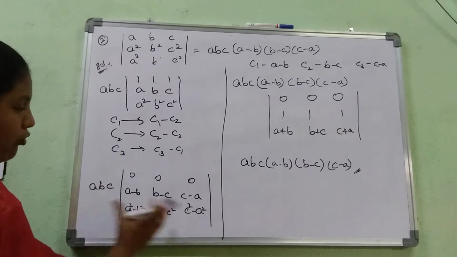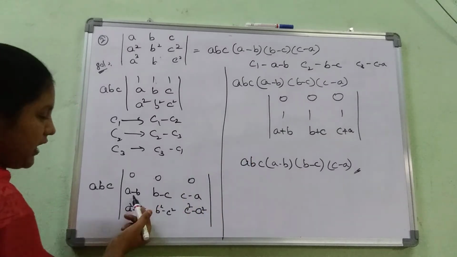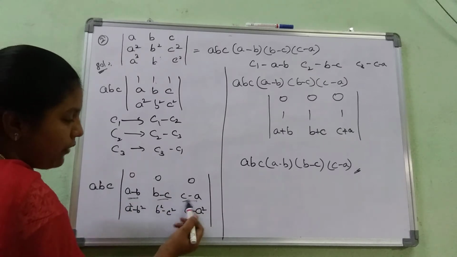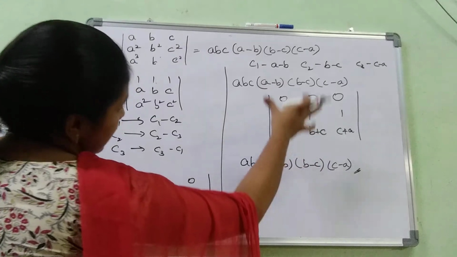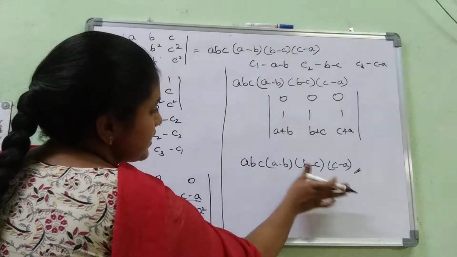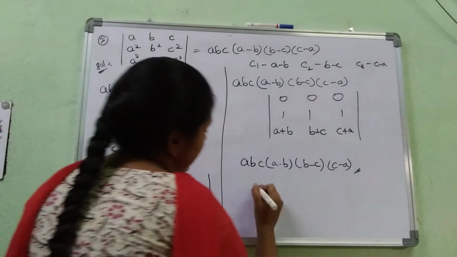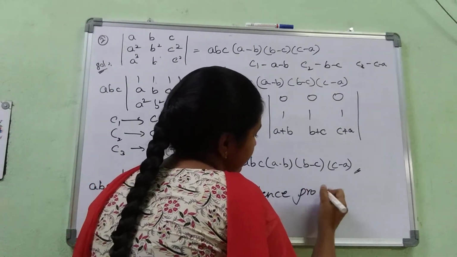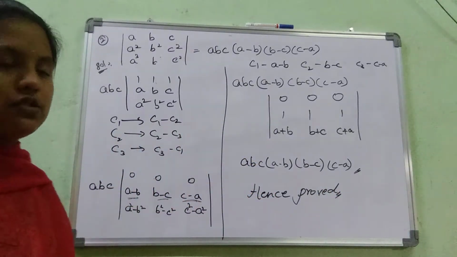So I got this matrix. From column 1 I have taken A minus B out, from column 2 B minus C, and from column 3 C minus A out. The remaining matrix is this. After finding the determinant, I got this answer. So this is the result, and hence we proved it. Okay? Understood? So, next question.